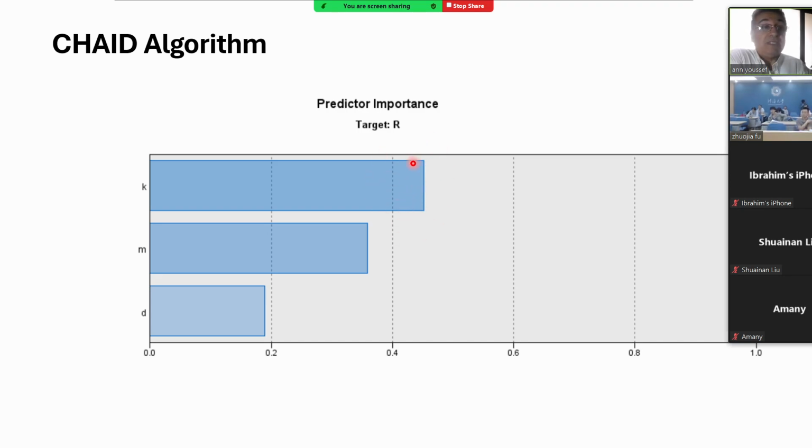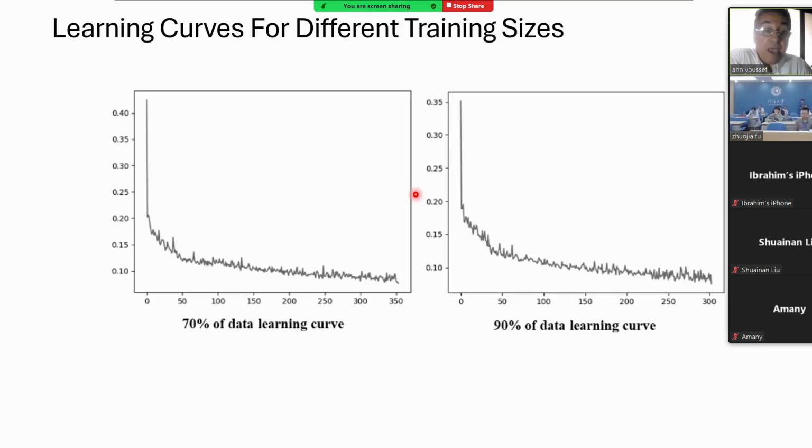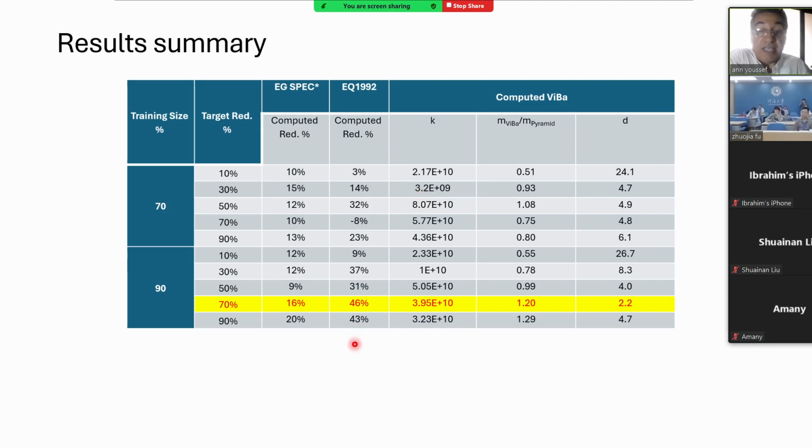Then we opened the area of the training data more, to consider more training data for the spring, more frequency to generate spectrum, more spectrum in the training data. And we were able to reach a 46% reduction in the pyramid.